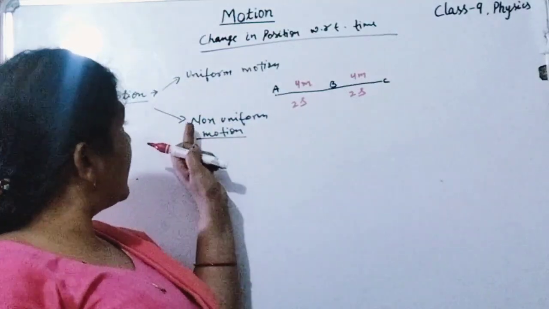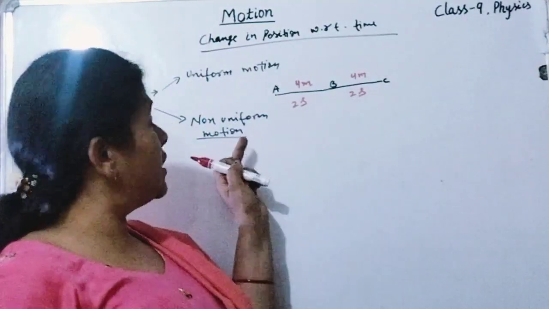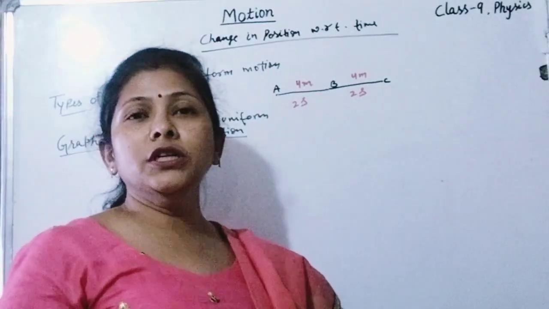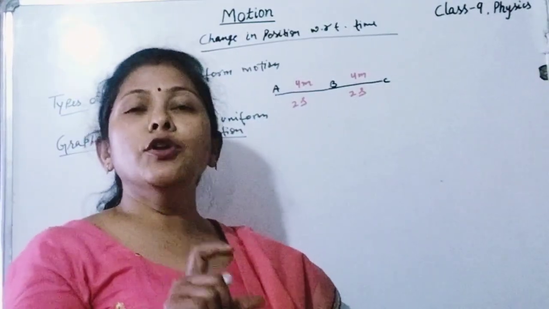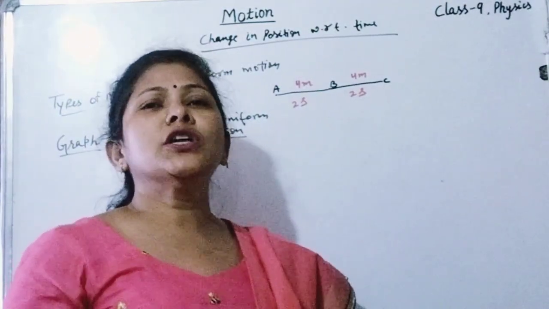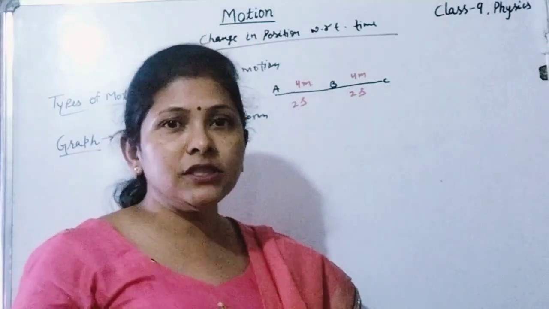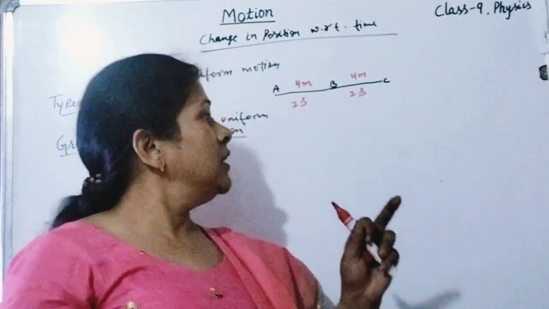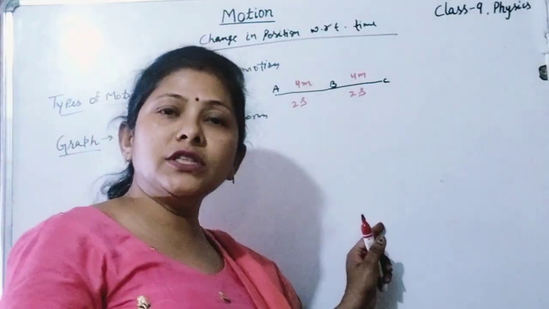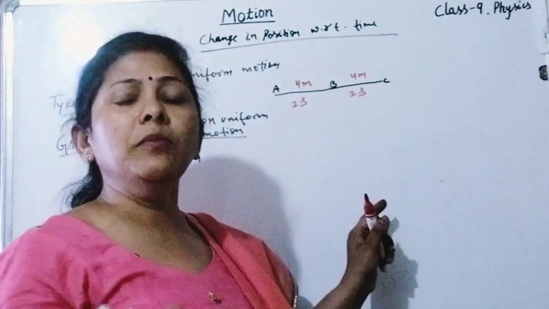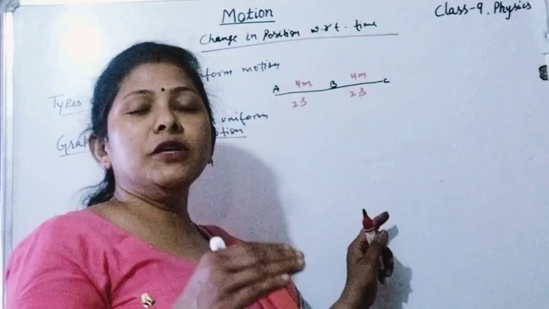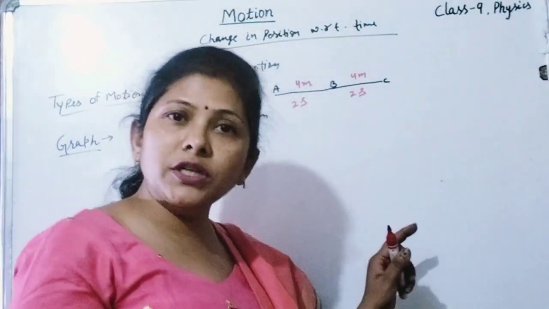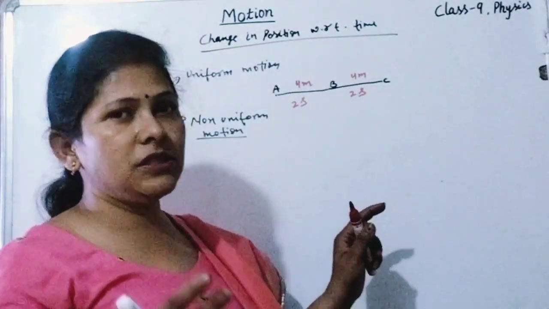But in non-uniform motion, as per the word non-uniform, objects cover unequal distance in equal interval of time. Or in other words we can say that objects cover equal distance in unequal interval of time. Same thing.